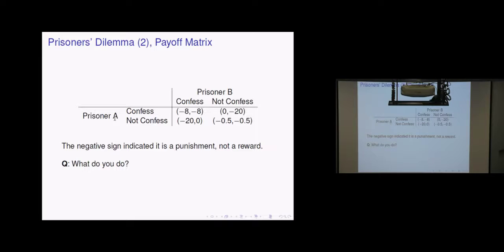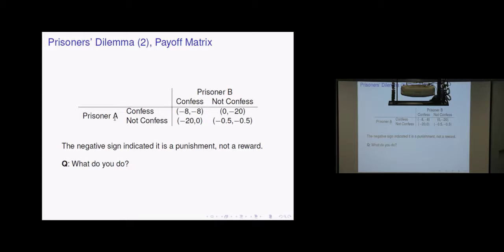However, if both of them choose here, right? If prisoner A does not confess and prisoner B does not confess, actually this payoff is better than that, because both of them get only 6 months, right? So this is an example where Nash equilibrium is not optimal. Although I didn't define optimal, in this example it's quite clear that this is better than that.